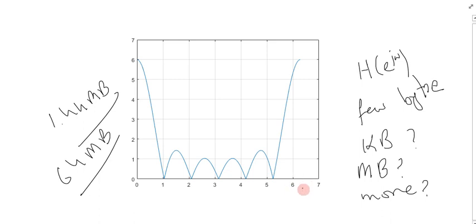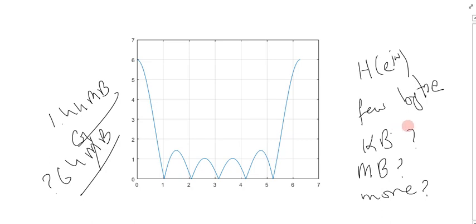Now, I guess all of you or most of you have a USB stick in your pocket which is around 64 GB, or even some of you have more capacity USB.